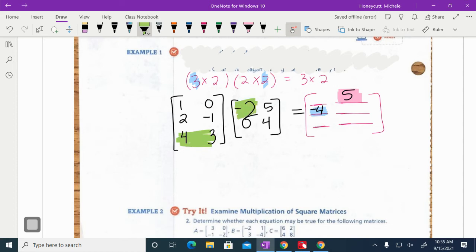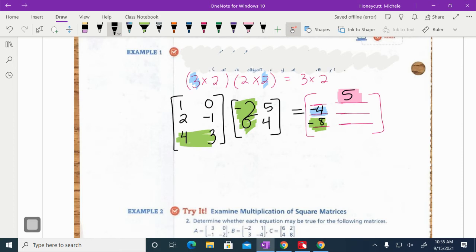Column 1. So if I do row 3 by column 1, that gives me the number in row 3, column 1. Zeros make things nice. 4 times negative 2 plus 3 times 0 would be negative 8 plus 0, negative 8.